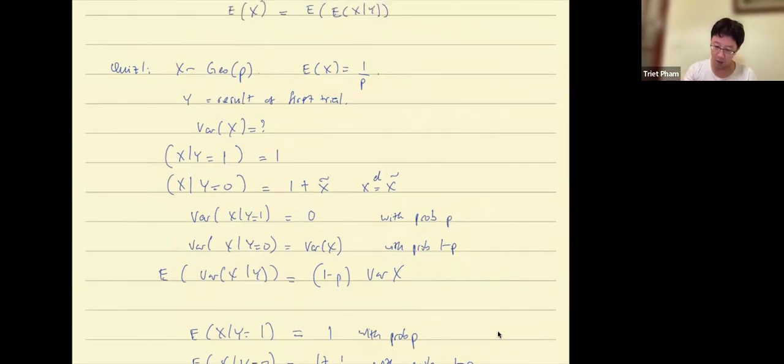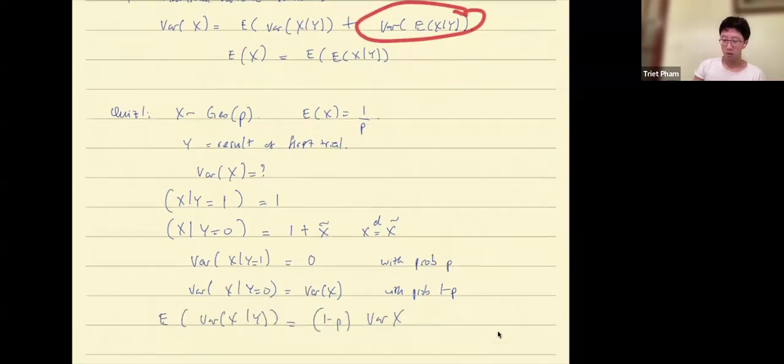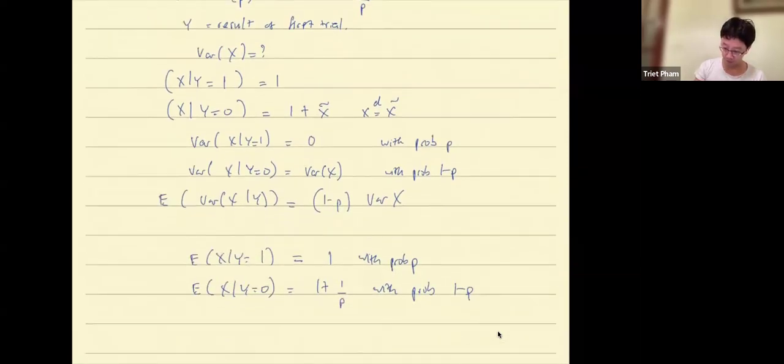Then what are we doing? We calculate this. So the variance of the conditional expectation will be what? The variance of this random variable.